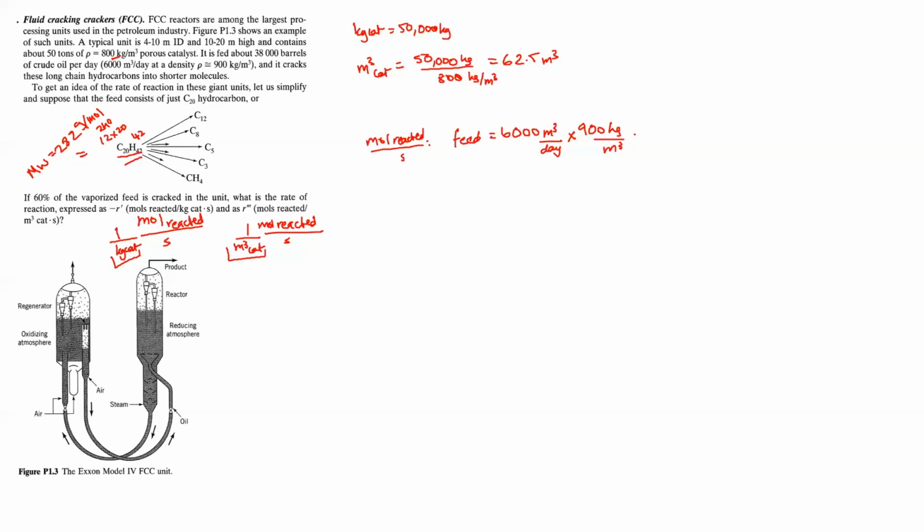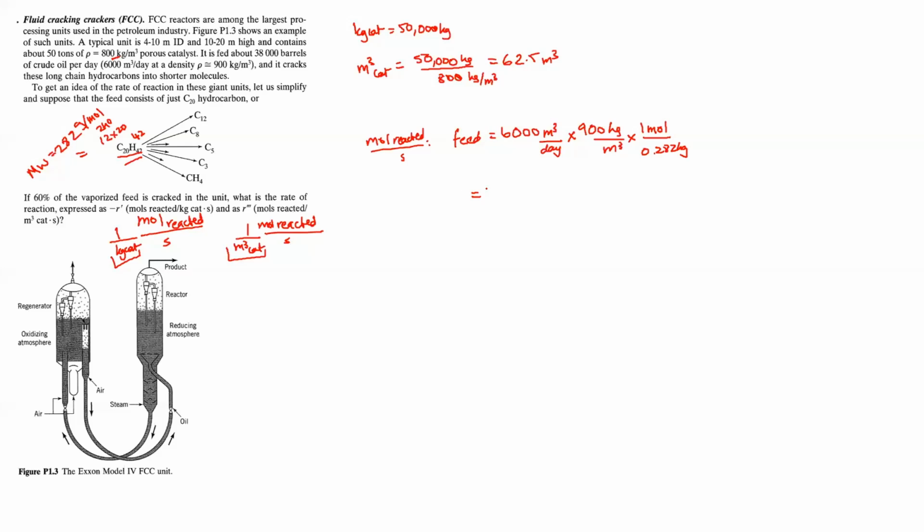So I'm gonna multiply this by the molecular weight, which is grams per mole, but the kilogram here is on top. So I'm gonna flip it, multiplied by 1 mole over 0.282 kilograms, right? So once I do this calculation, I should get a feed of about 6,000 multiplied by 900 divided by 0.282. You're gonna get a large number.